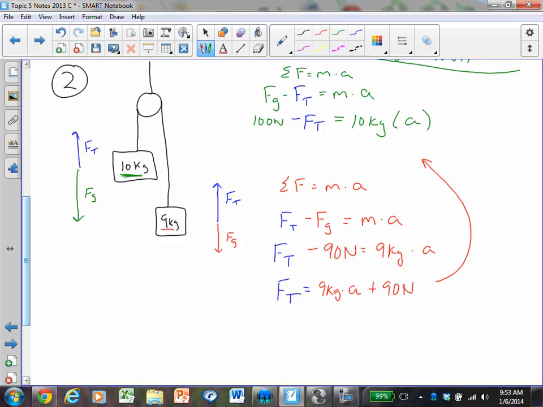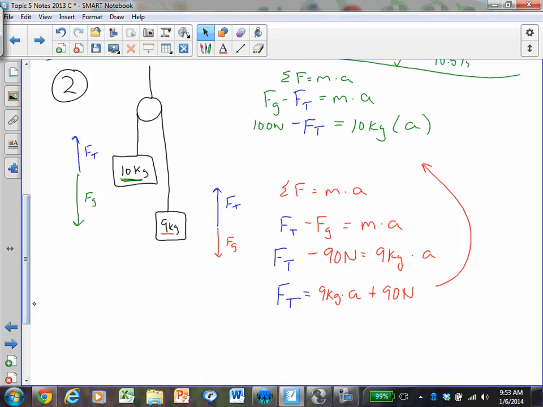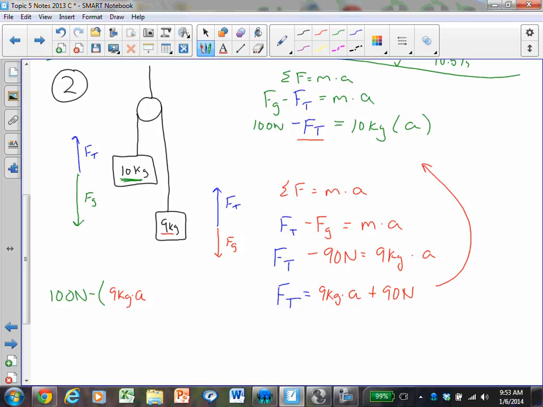I'll rewrite it over here. So it would be 100 newtons minus, and don't forget to distribute, because we're going to plug this in now: 9 kilograms times A plus 90. So I'm plugging it in for this Ft, okay? And I don't want to forget to distribute the negative.